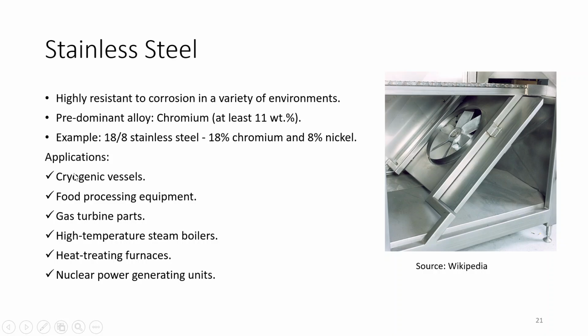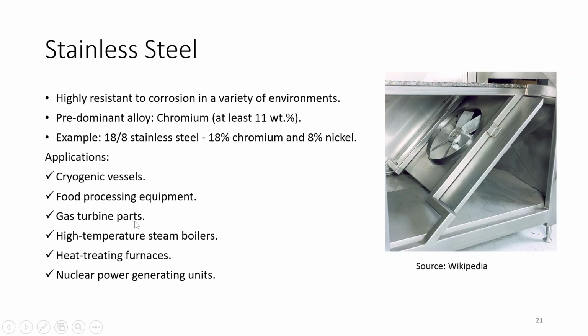The applications include cryogenic vessels and food processing equipment. Why in this case? Because if some rust or corrosion layer is formed, it will react with your food and might render your food poisonous. So that's why you need to use steels which are stainless, so they don't corrode with time.